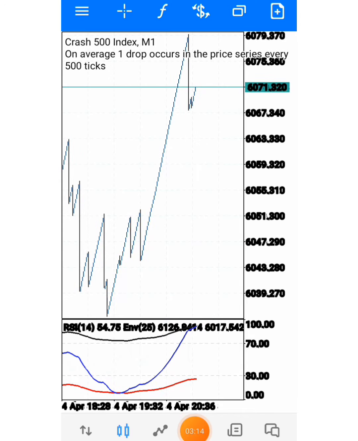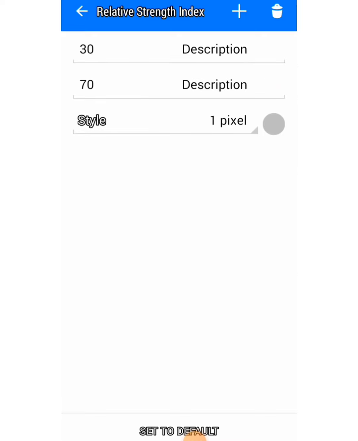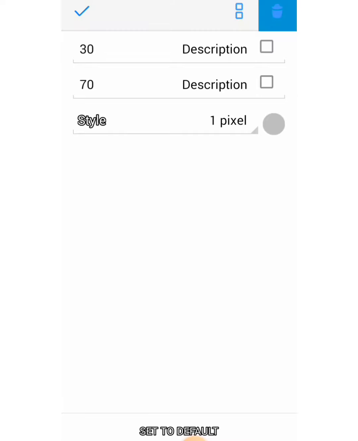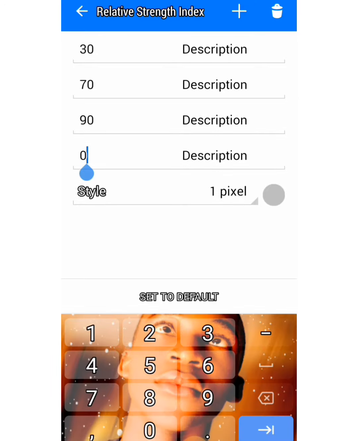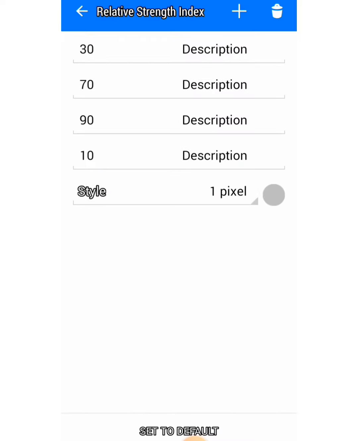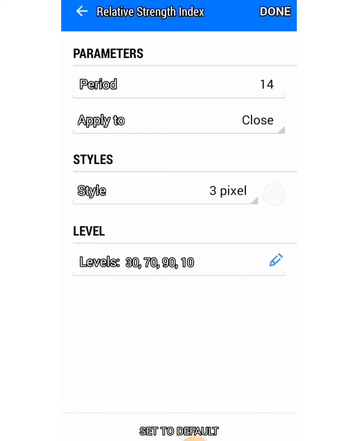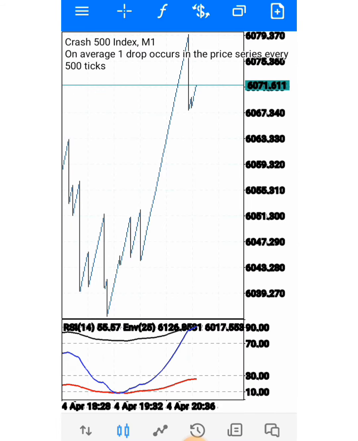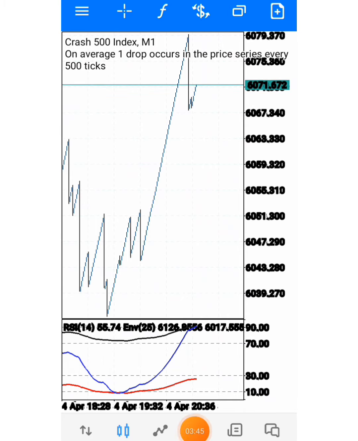Let me edit this RSI and put levels 90 and 10. Yeah, correct.